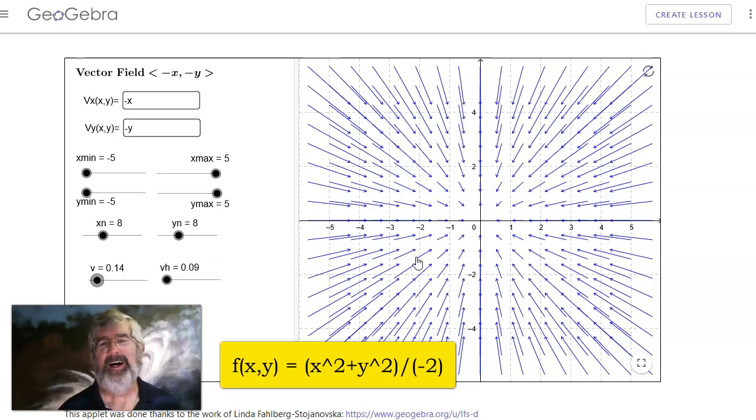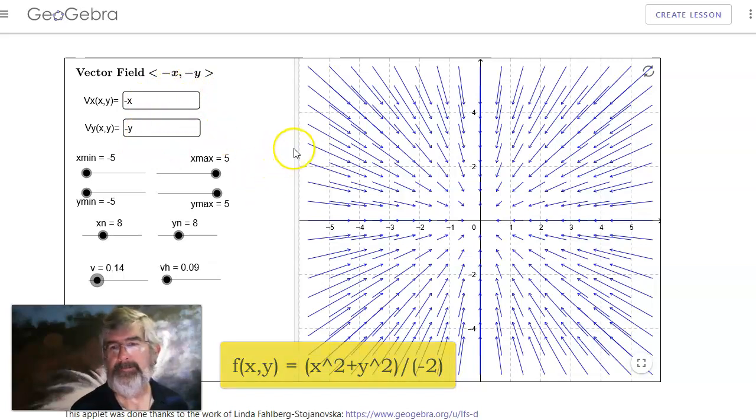So the first component here, think of it as negative x squared over 2 minus y squared over 2. So the partial with respect to x would be the negative x, and the partial with respect to y would be the negative y. So this is indeed the gradient of that function. Okay.